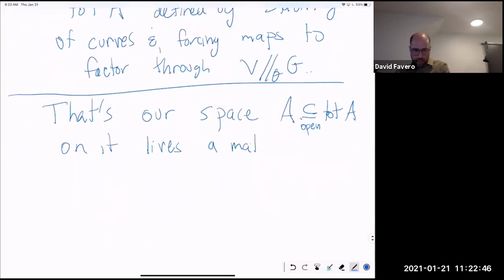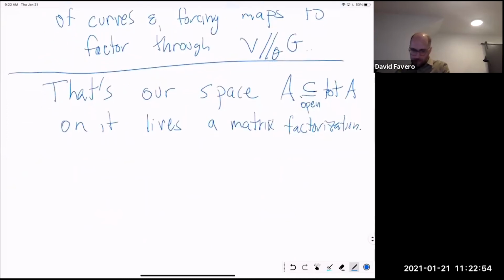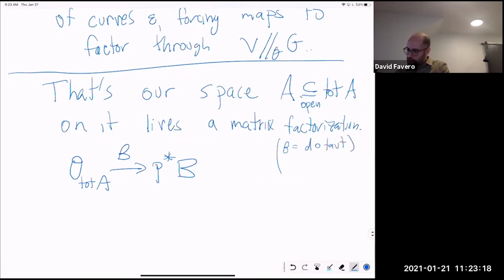If you look at the structure sheaf of the total space of A, this had this map beta, a section of P star B. Beta was d composed with the tautological map, where R pi star of this principal bundle was equal to A going by d to B. And then it had a cosection alpha which I didn't explain.